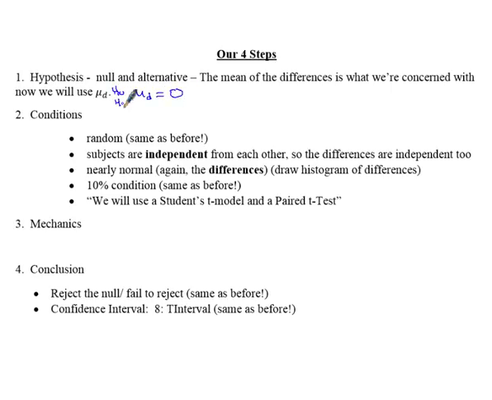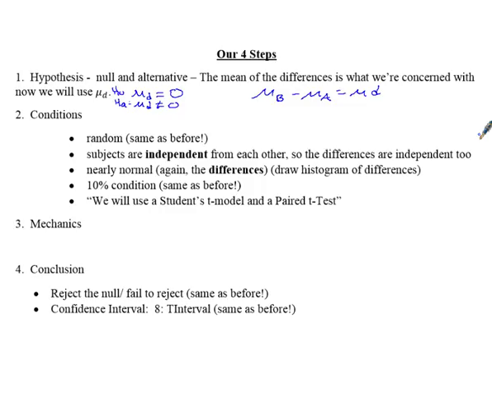Typically our null and alternative are going to look something like this, saying that there is no difference, and saying that there is a difference. You do have to specify, though, that mu, before and after, is equal to mu sub d. So you have to specify what that is in your hypothesis box.